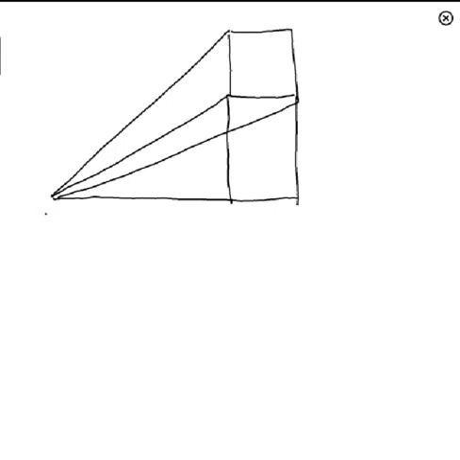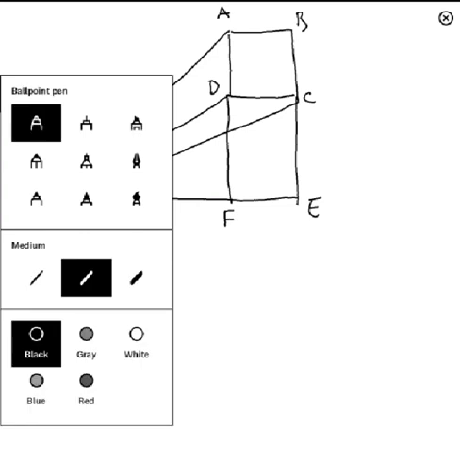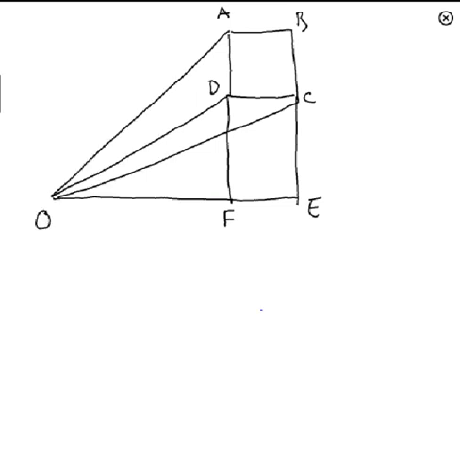So let's be geometers and start giving things names: O, A, B, C, D, E, and F. Now, what I'd like to do is start labelling things.